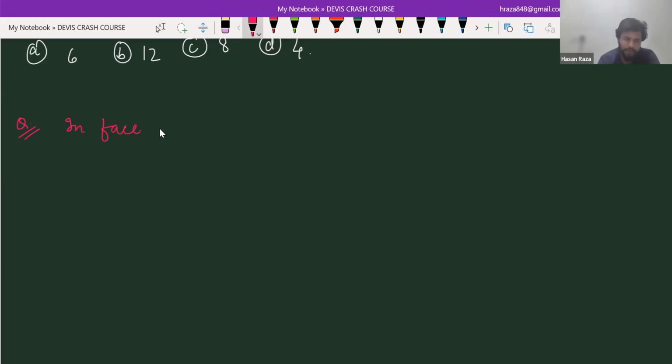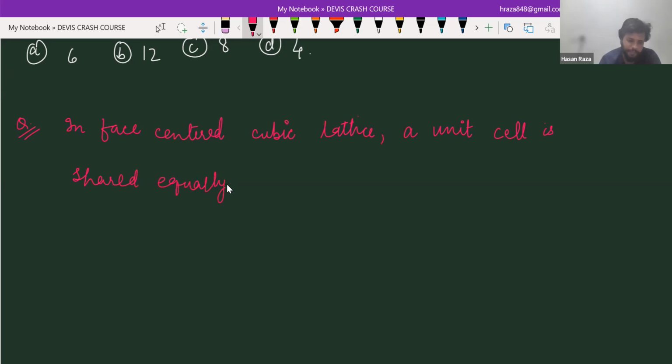In a face-centered cubic lattice, a unit cell is shared equally by how many unit cells?